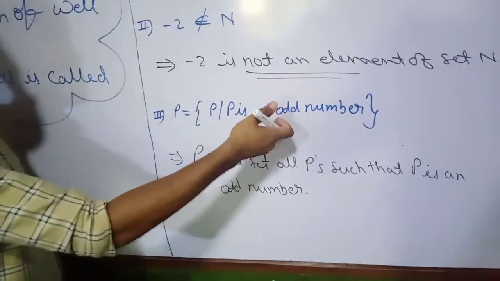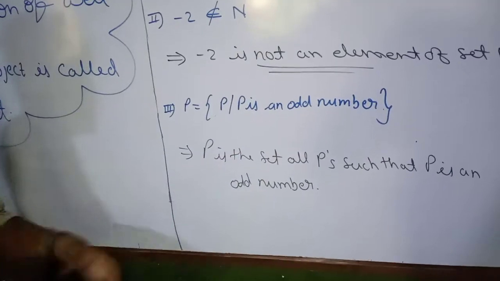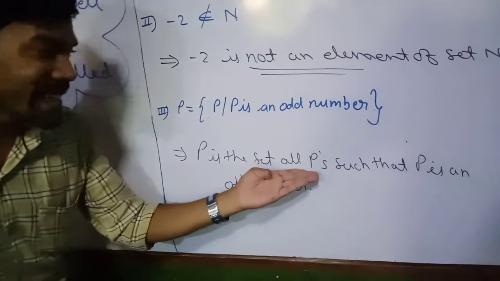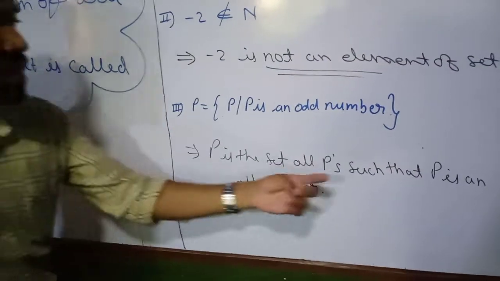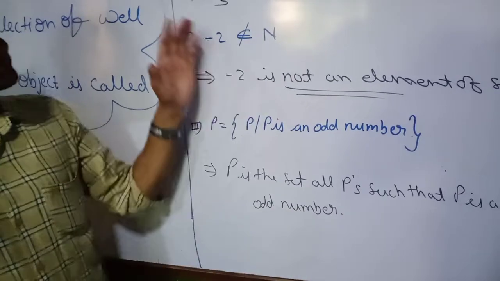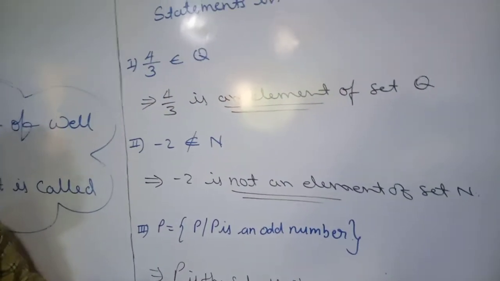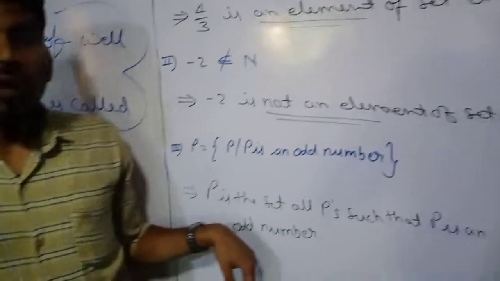The same way, the symbolic statement we have to write in words: P is the set of all P's, meaning all the P's included in the set P such that P is an odd number. So this way we have to write symbolic statements in words.